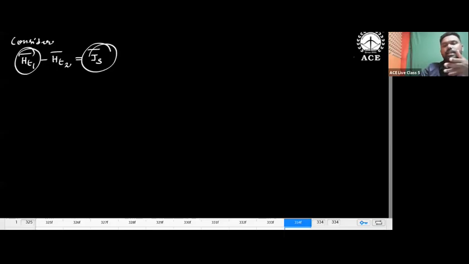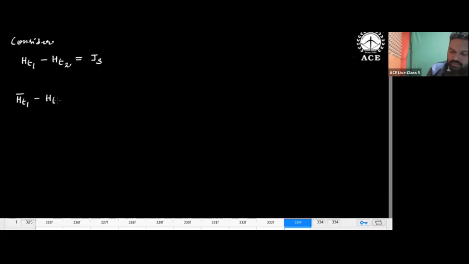Magnetic field direction and current direction are related by the right hand thumb rule. So there must be some cross product here. So how you need to write this one is like this. First, let me write down. Later, I'll explain. Please be focused. Here it is: Ht1 minus Ht2, cross product with n12, is equal to Js.